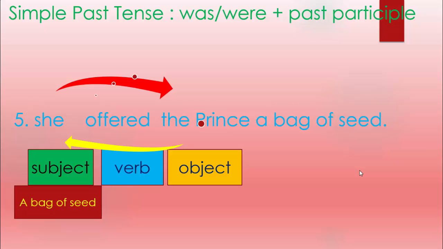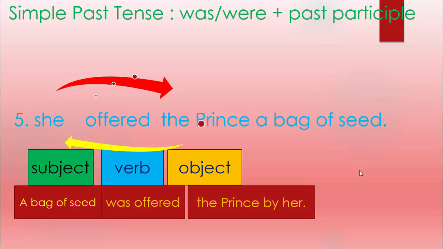Then I take was, then past participle of the verb offered, that is also offered, then take the prince, then by, and she becomes her. So the sentence is a bag of seed was offered the prince by her.